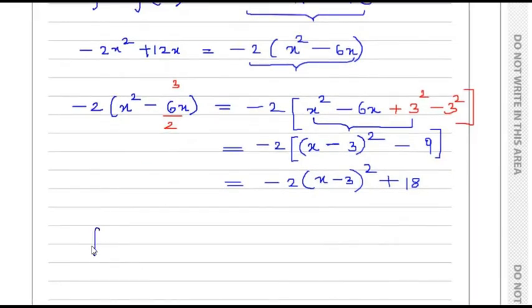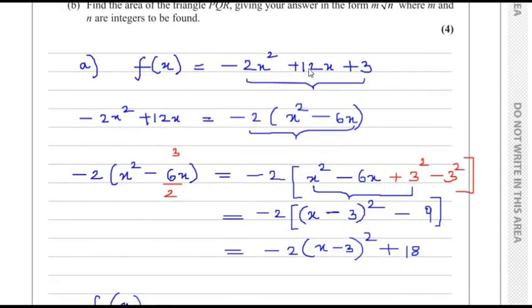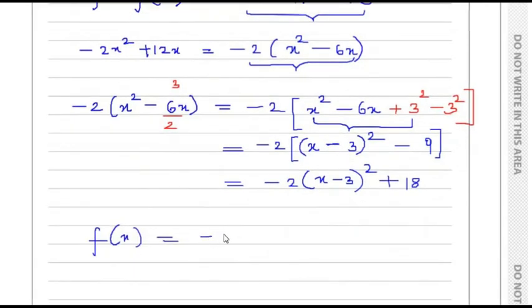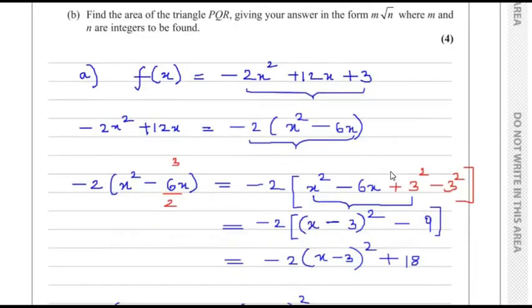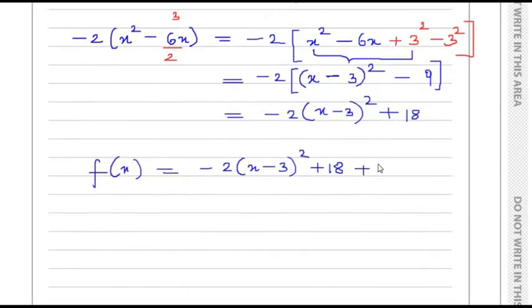So f of x is equal to minus 2 times (x minus 3) the whole square plus 18, and then the last term which is plus 3. Further simplifying it, we get minus 2 times (x minus 3) the whole squared plus 21.